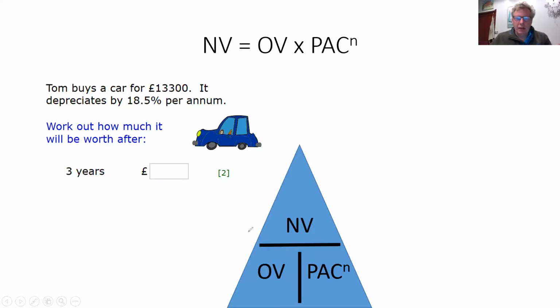So in here, we've got 13,300. And over there, we're going to have 81.5%. And we're going to have a power of 3 on it.